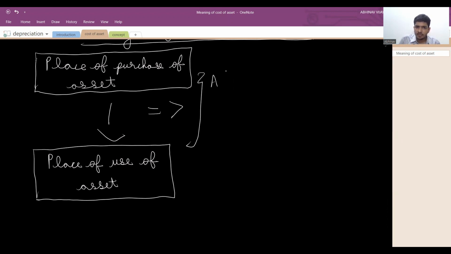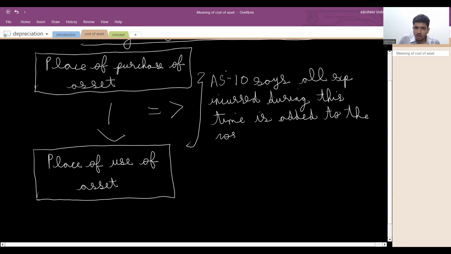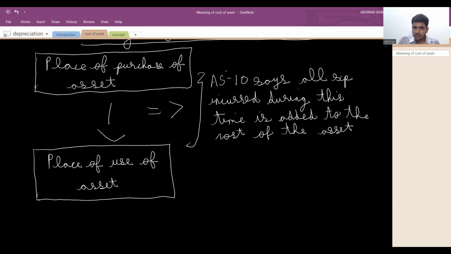AS 10, Accounting Standard 10 on Property, Plant and Equipment, says all expenses incurred during this time is added to the cost of the asset.